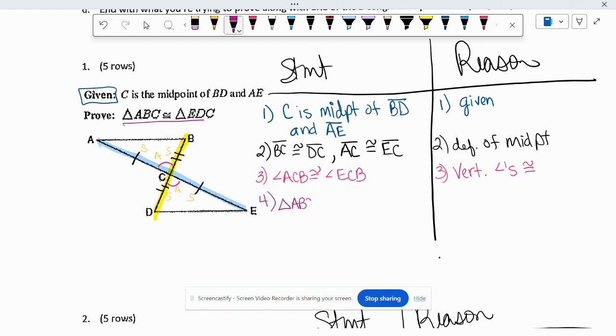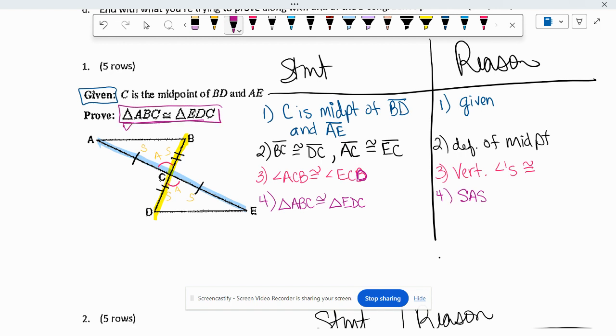So triangle ABC is congruent to triangle EDC. This should be ECD, sorry. So triangle ABC is congruent to triangle EDC by what method? Does it have to be in order like that? Yeah, you have to write it exactly the way that it's written here.